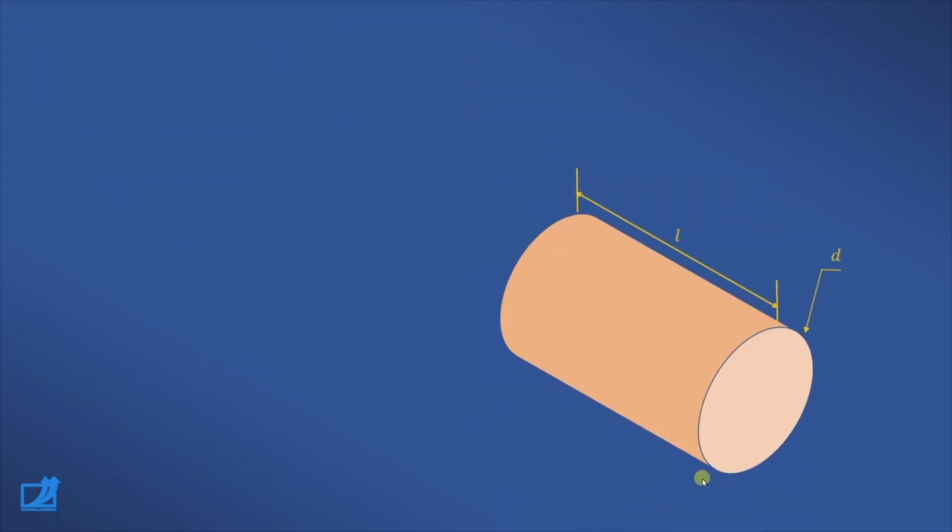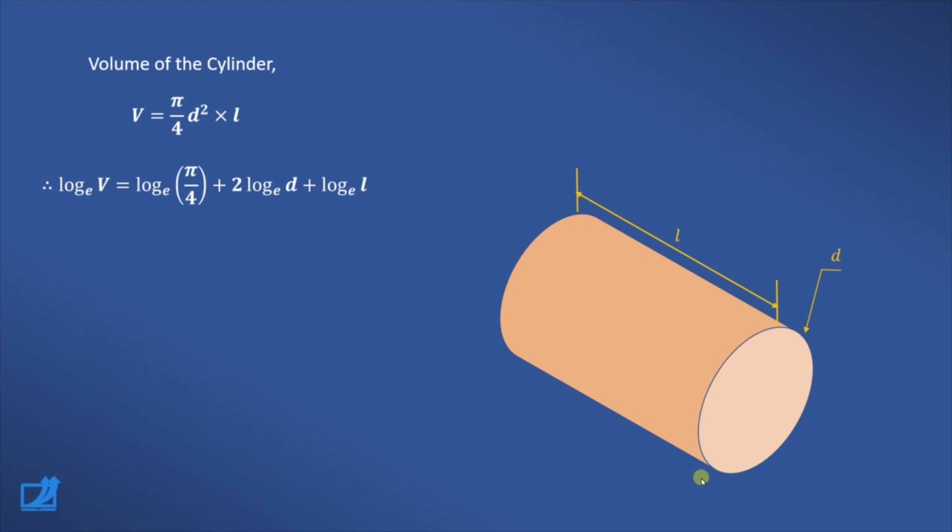Now consider a cylinder of length L and diameter D. What is the volume of the cylinder? Pi d squared by 4, that is cross sectional area, into its length. Now use the product rule of logarithms, and this is how you can write it.